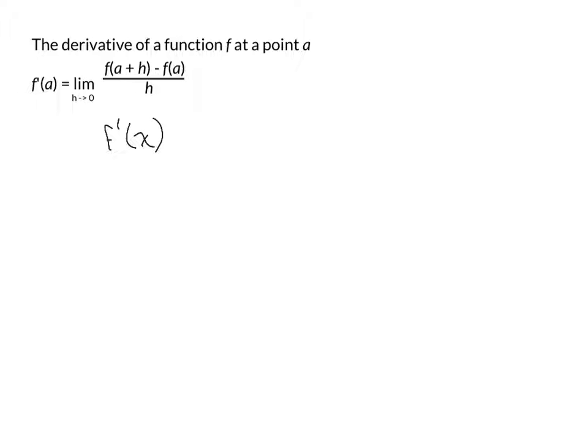So I'm looking at the derivative of f at some varying point x. Again, a is fixed at one specific point, x is not. X is our variable. So we have a brand new function we're creating from our original function f of x, and it's the derivative of f.